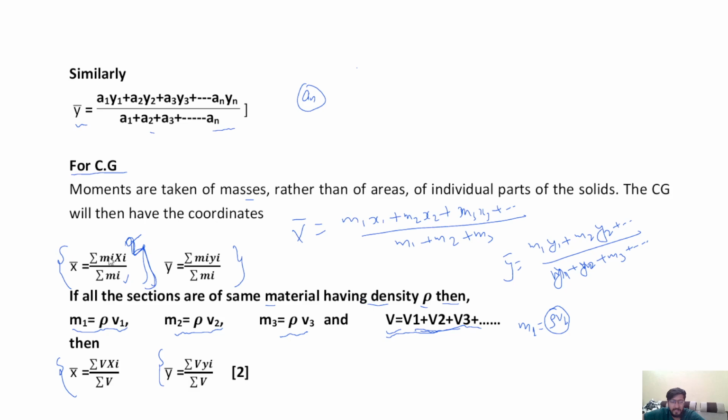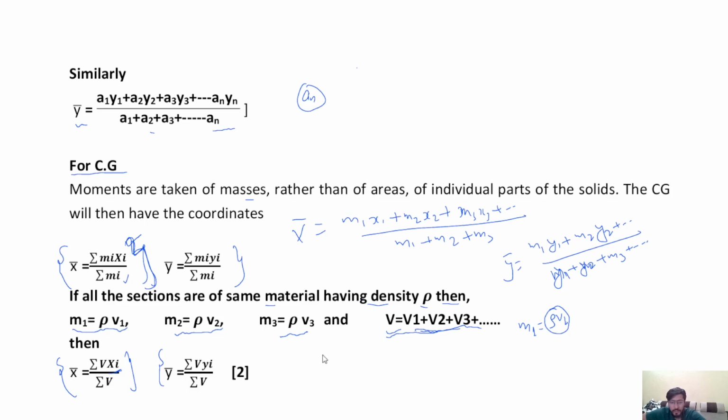So mi means m1, m2, m3 meaning rho v1, rho v2, rho v3, and finally rho is constant and taken outside of the summation, and the numerator rho and denominator rho cancel each other. So the final formula of x bar is like that.